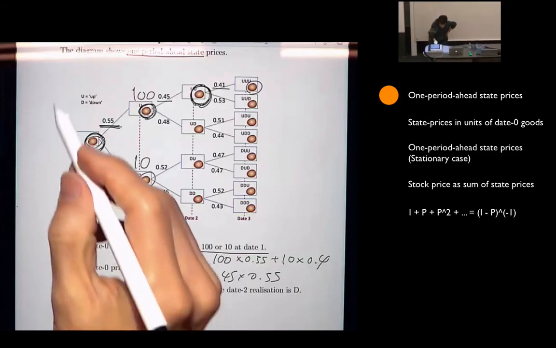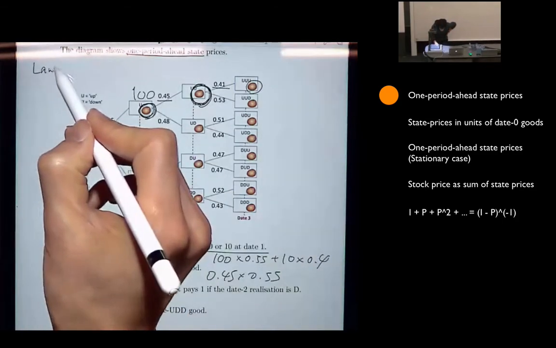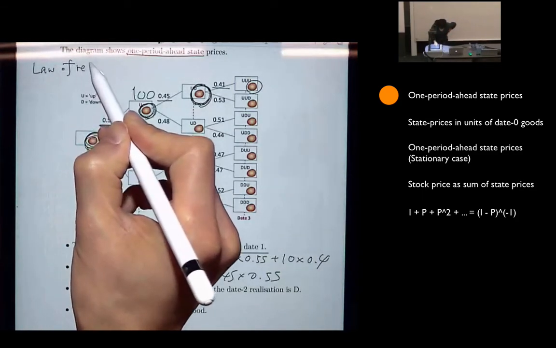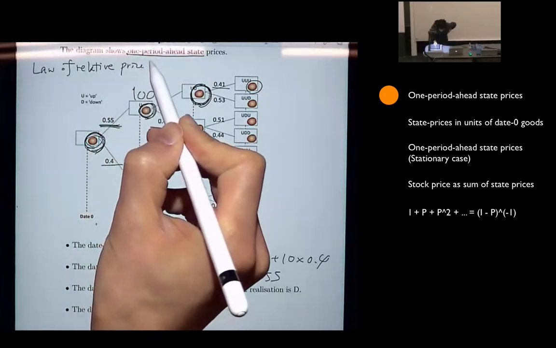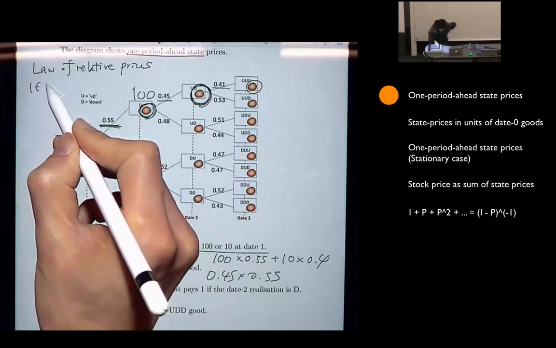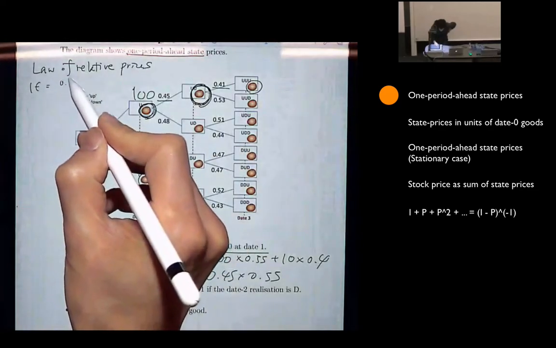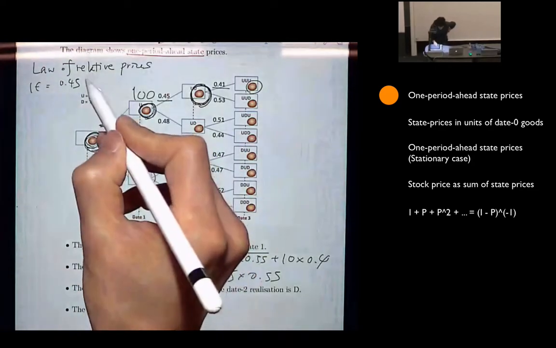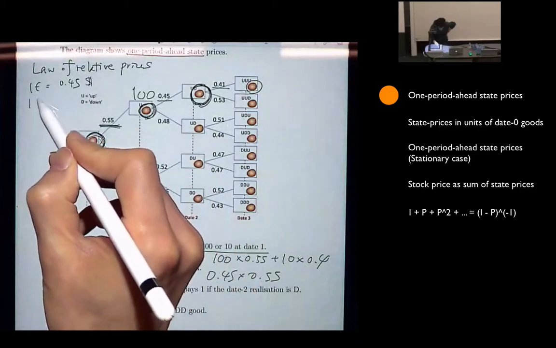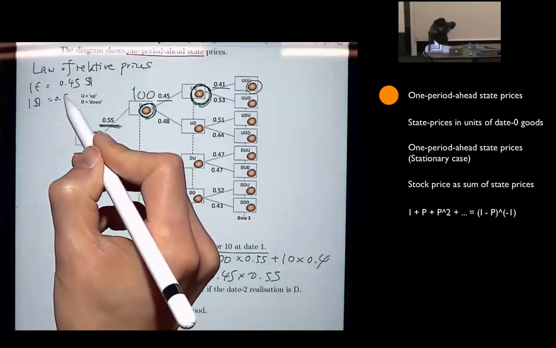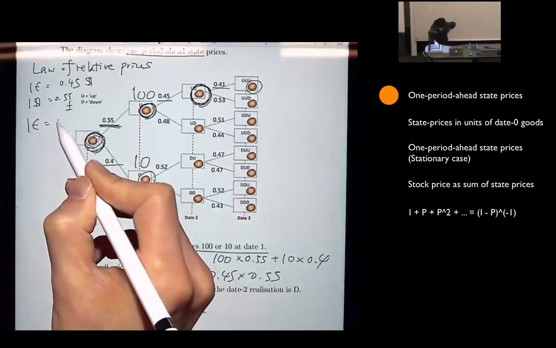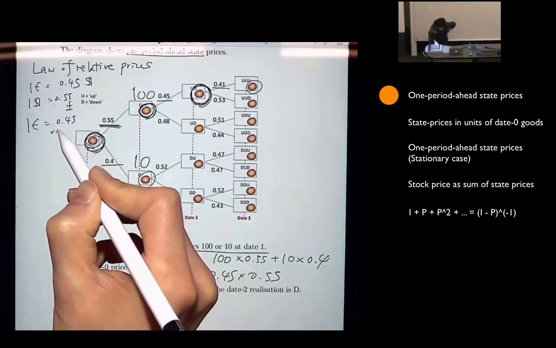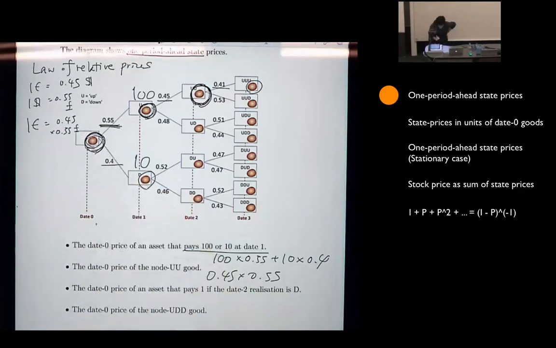This is just the law of relative prices. If €1 is 0.45 dollars and $1 is 0.55 pounds, then €1 is 0.45 times 0.55 pounds.